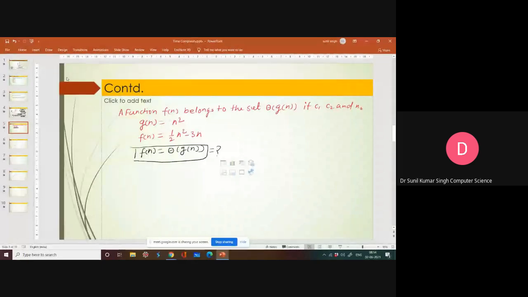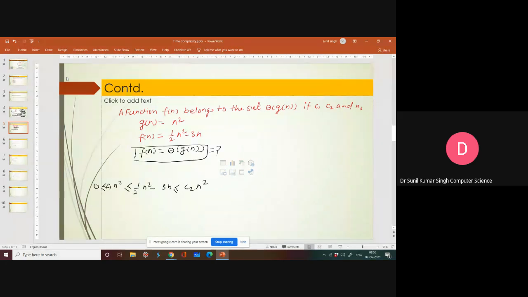For that, we have to check the condition. The condition, as already mentioned, is 1 by 2 n square minus 3n is less than or equal to C2 g(n), so g(n) is n square, C2 n square, and similarly here C1 n square, and it is greater than or equal to 0.